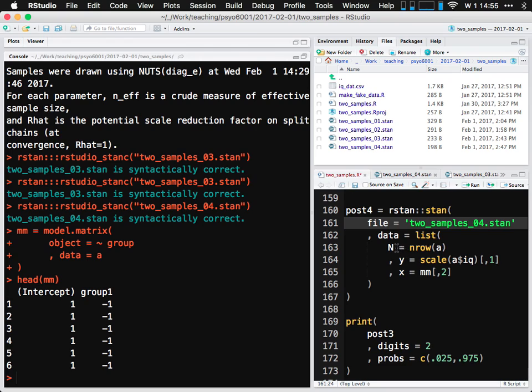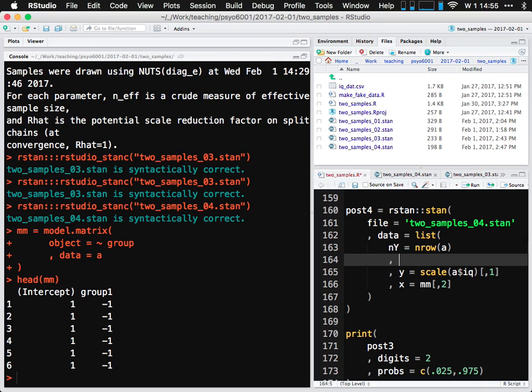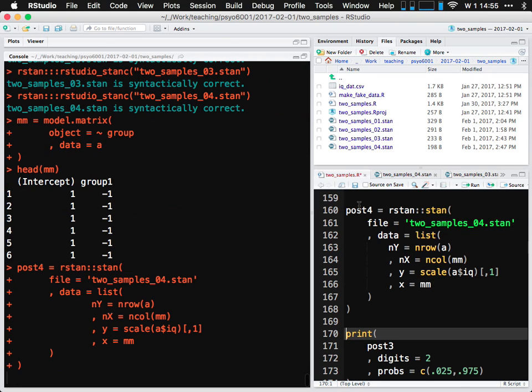We want something called ny, but it's just the same as what we had before as n, the number of entries in total. And nx is going to be the number of columns in the MM, which is 2. And now we can just pass x as the whole MM. While that's going.